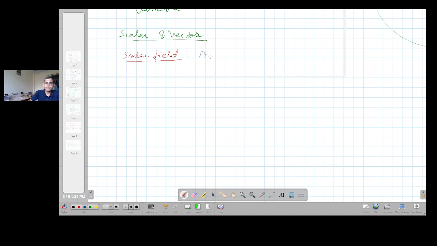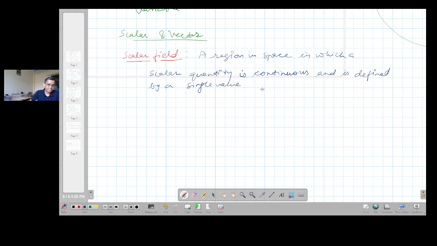A region in space in which a scalar quantity is continuous and is defined by a single value at every point of the position variable is called a scalar field.